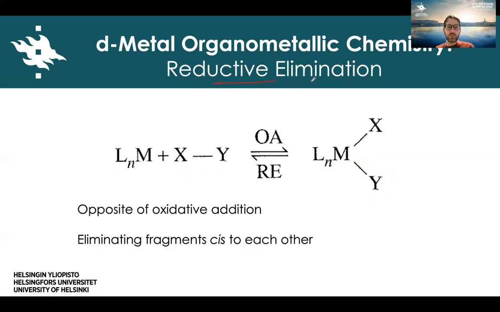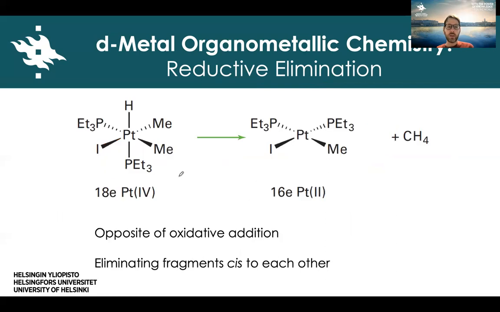And the reductive elimination is the opposite step, in which the species X and Y leave the metal atom, and there is a decrease in the oxidation number of the metal. So these fragments are joined to each other when they are eliminated.